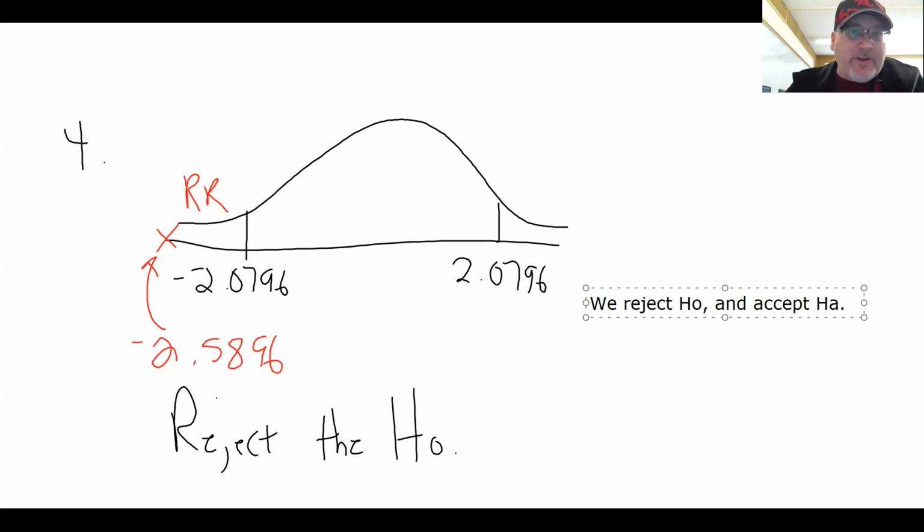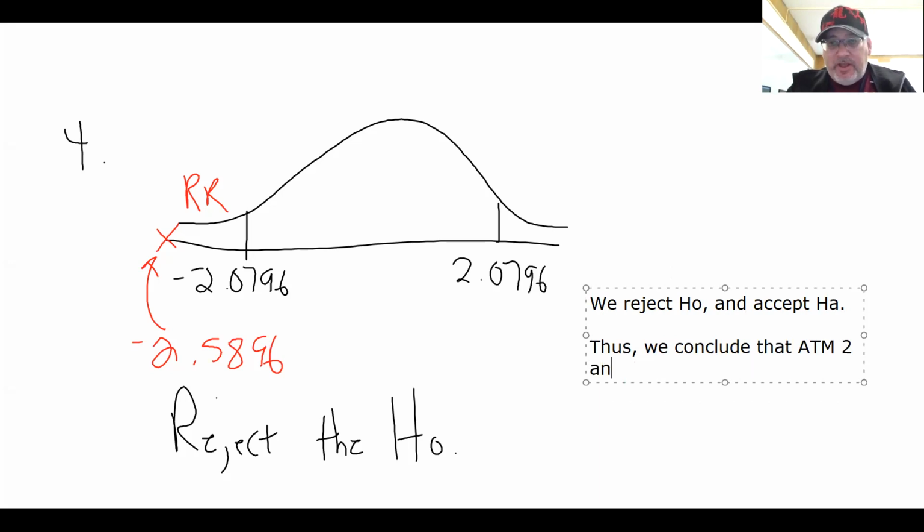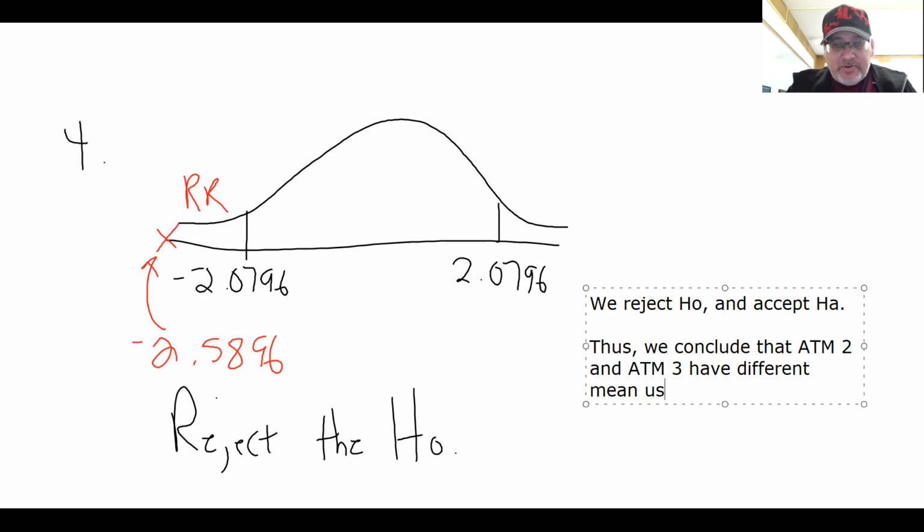I guess you could say we accept it, but it's our best guess, if you will. Thus, we conclude, in context, that ATM2 and ATM3 have different mean usage, which is what our confidence interval in the first and second video suggested, since the interval for the third population mean excluded the sample mean from the second population.